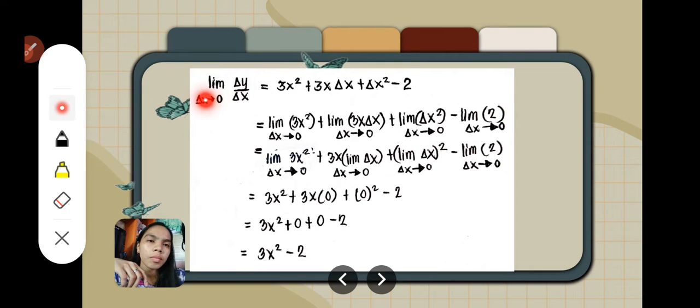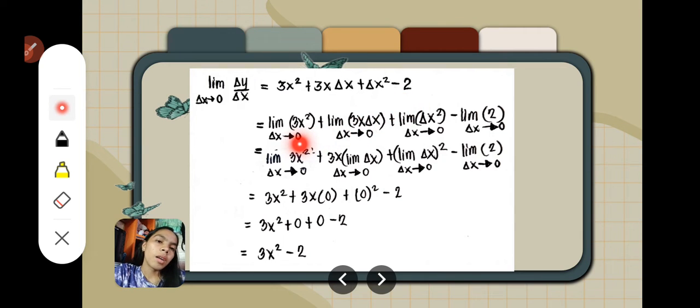So the limit of delta y over delta x when delta x approaches 0 is equal to 3x squared plus 3x delta x plus delta x squared minus 2.